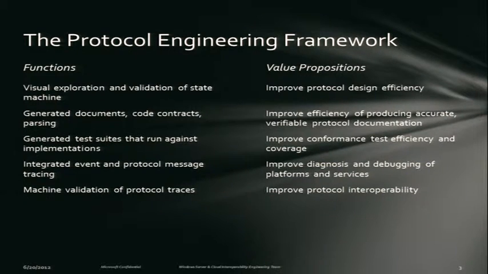This shows some of the functions and the value proposition. Visual exploration: we can generate this model, because this specification is more than just a parser. It's a model of the actual protocol. And then we can explore it and find out, how do we test this? What does the model look like? We can generate the documents and parsing, all that comes out as an output. This makes them very accurate.